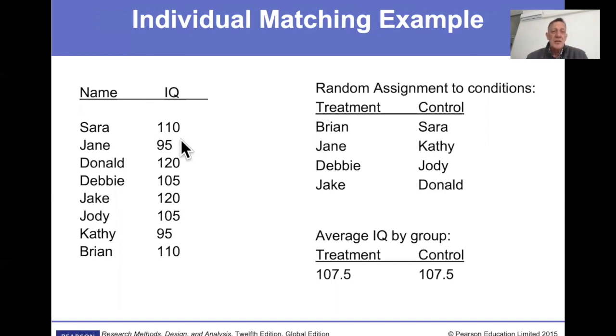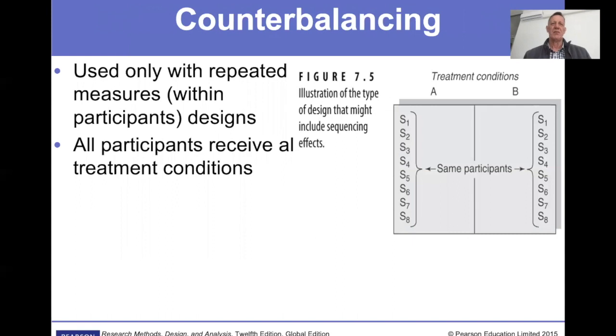Same with Jane, 95, and Kathy, 95. Then randomly assign. And can you see what the effect is? You keep the effect of IQ on the group constant because the average IQ of the left-hand side and on the right-hand side will be the same. So IQ cannot have a differential effect. Right.